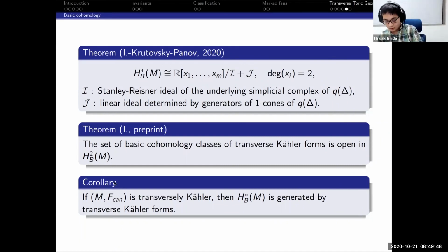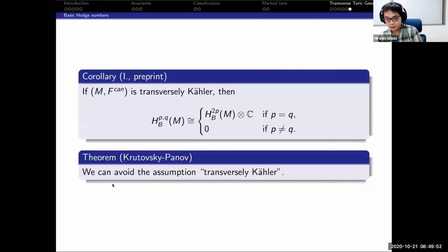And using the basic Hodge decomposition and this corollary, finally we can say that the basic Hodge numbers concentrate on the center, like a non-singular complete toric variety.